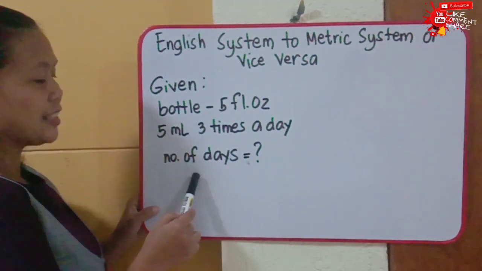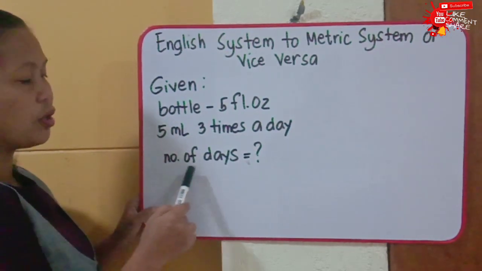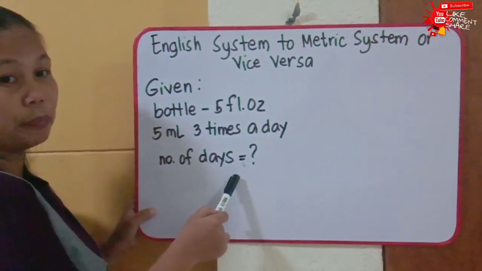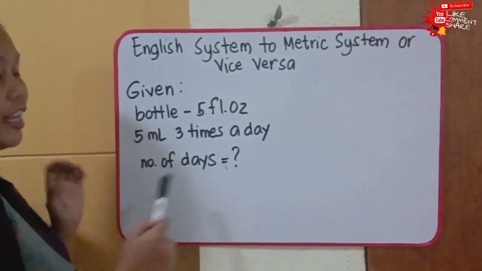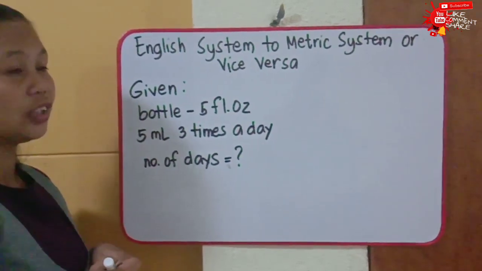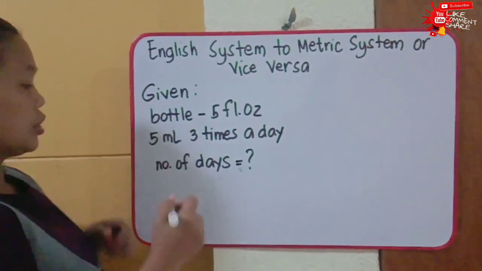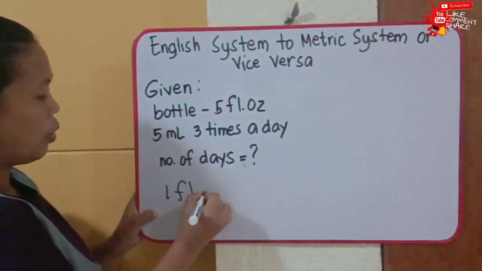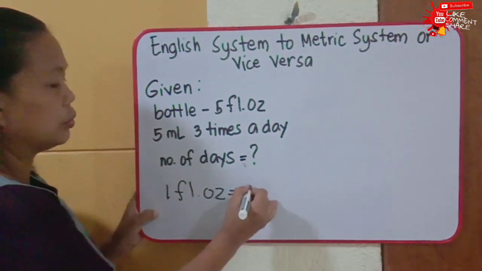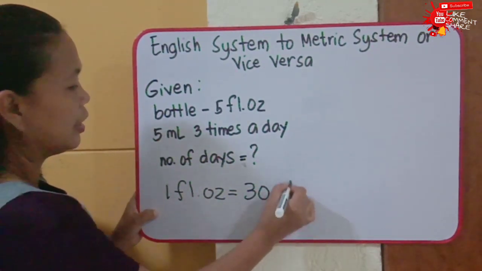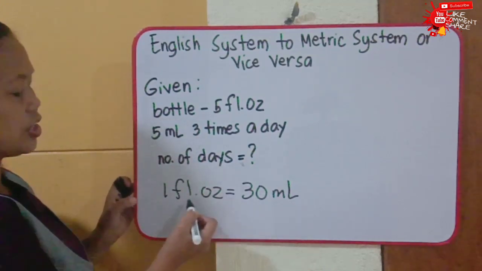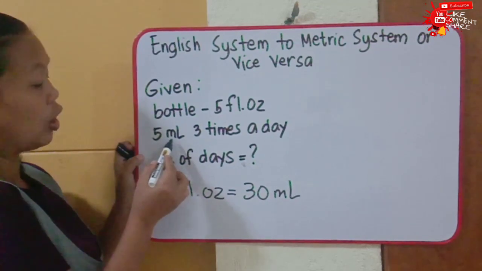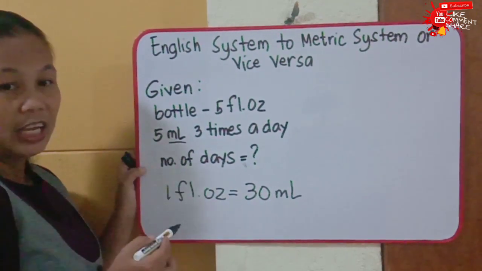The problem is asking for the number of days the person will drink the bottle of medicine. To answer this problem, we need to get the correct conversion factor. We will use the conversion factor that 1 fluid ounce is equal to 30 milliliters. We have to change the fluid ounce to milliliters because the prescription of the doctor is in milliliters.